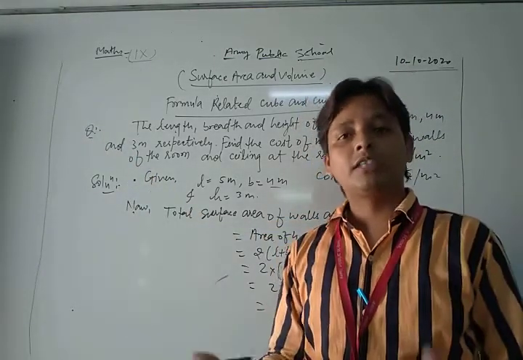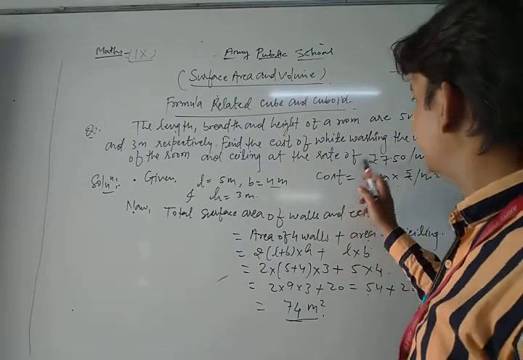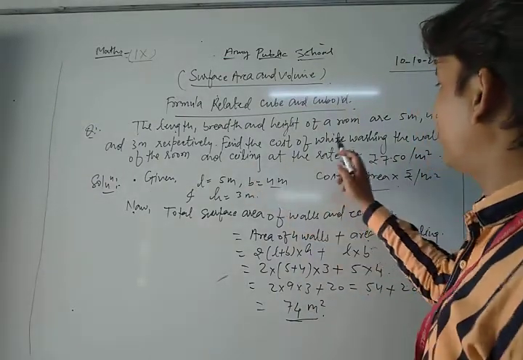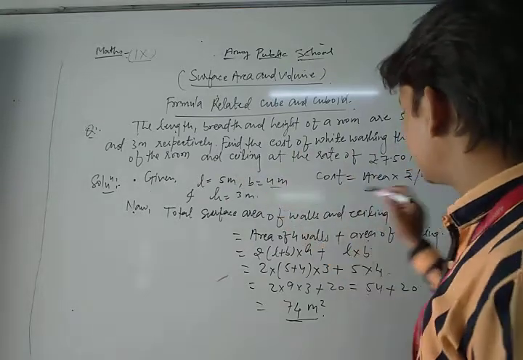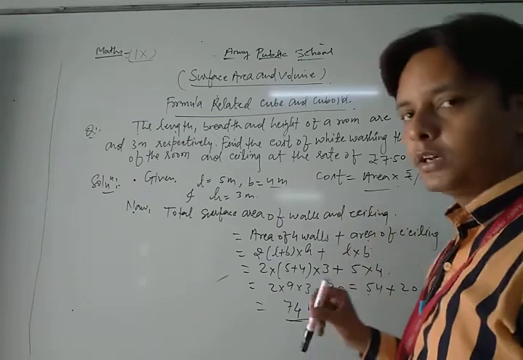Now we find the cost of whitewashing the walls and ceiling. I just discussed the formula: cost is equal to area into rupees per meter square.